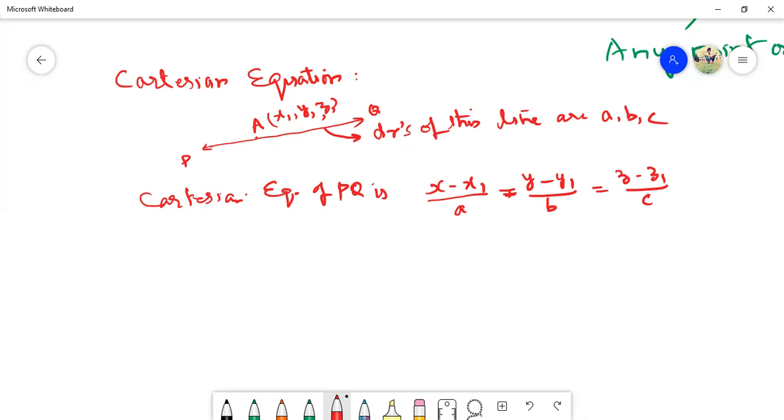And if you want to write any point on this line, you can equate it to lambda and find the value of x, y, and z. No need of that, just go step by step.